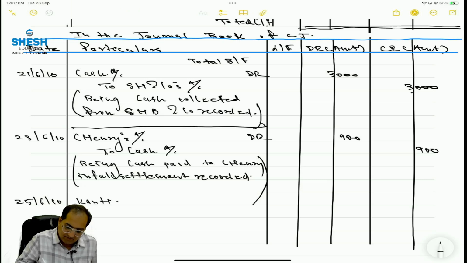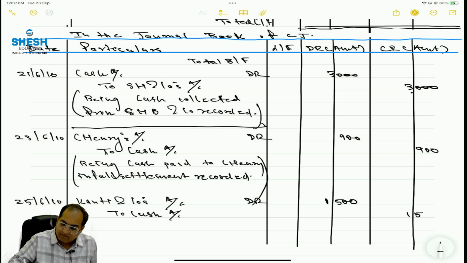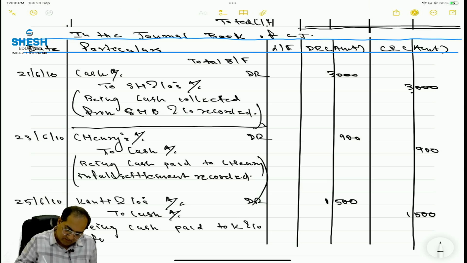Kanti and Company's account debit 1500 to cash account 1500, being cash paid to Kanti and Company in full settlement.